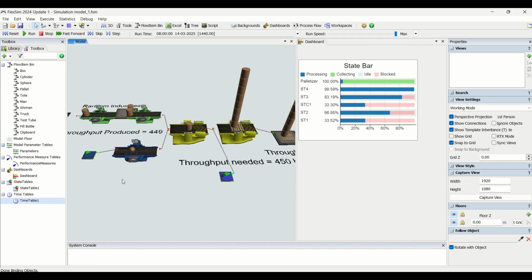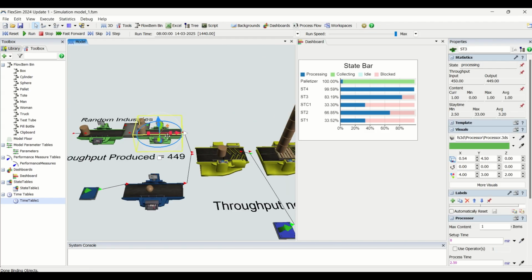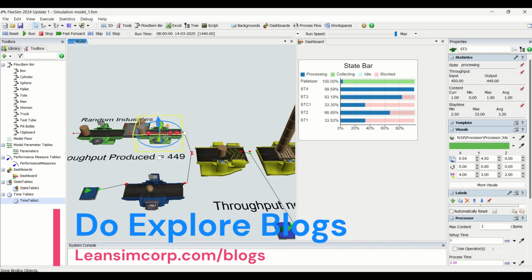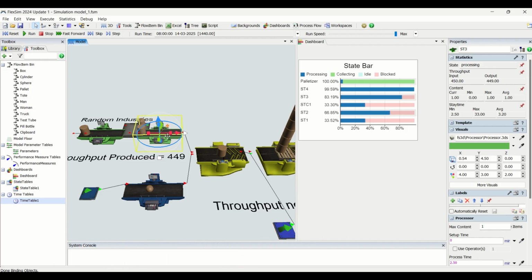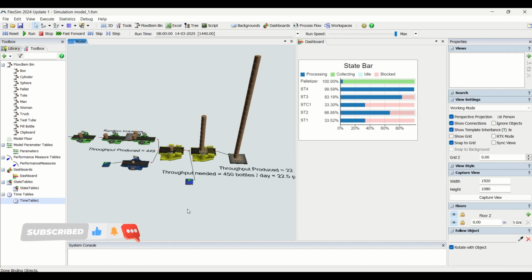So what we identified is that if we debottleneck this station ST3, either by a cycle time improvement or by adding one more operator, it is going to be the best thing. We are going to debottleneck the system and get the throughput from the system. And these are the results of the analysis which we have performed here.